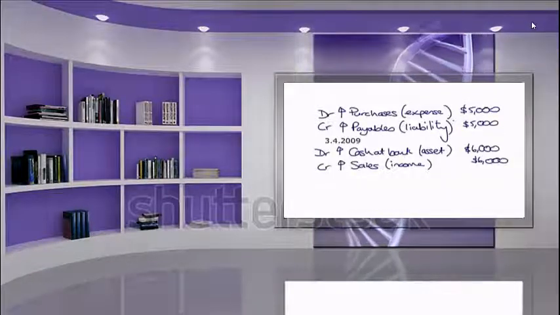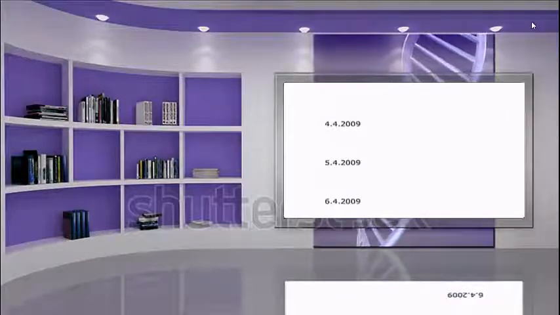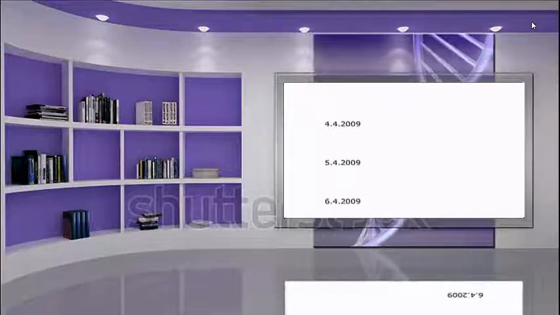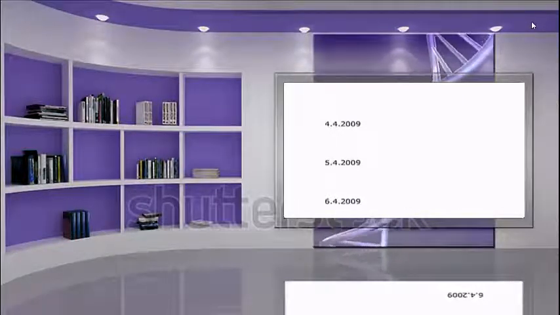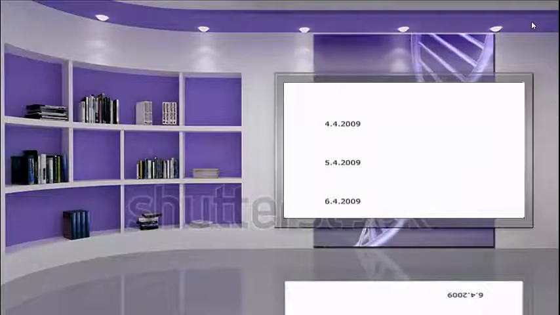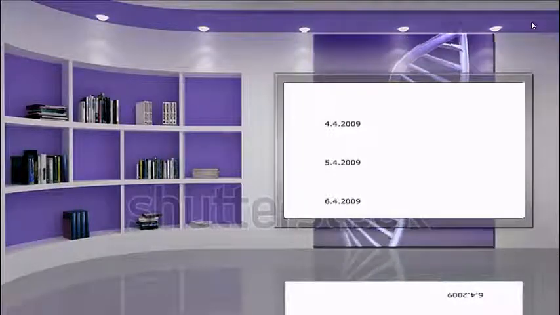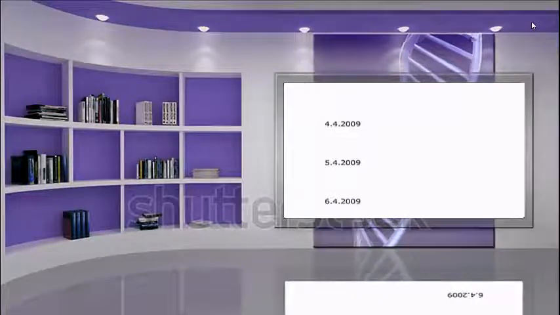So then let's carry on. Let's proceed on to the fourth transaction. And this fourth transaction says that he issues a check to pay for the goods he received on credit. So now George is settling that amount, that payable, that he owed to his supplier. So let's have a think about this then.